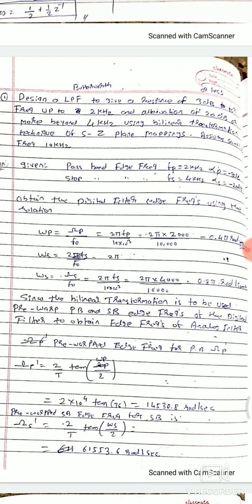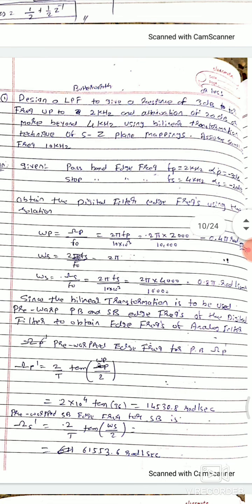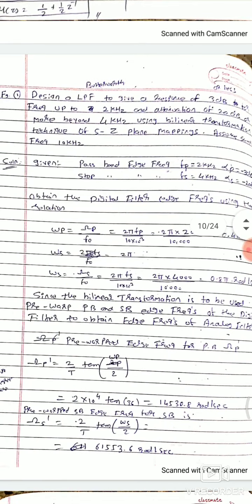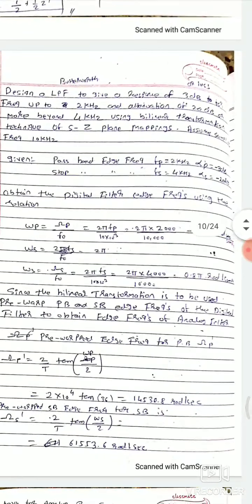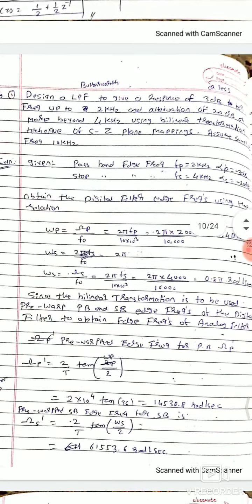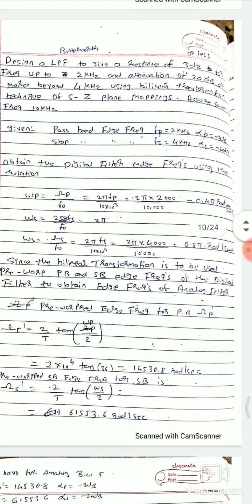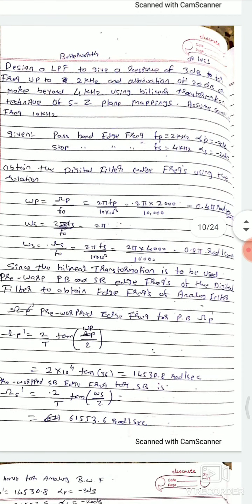Design a low pass Butterworth filter to give a response of 3 dB or less for frequencies up to 2 kHz, and attenuation of 20 dB or more beyond 4 kHz, using bilinear transformation S to Z mapping. So they have asked to design a digital filter using the bilinear transformation method. The design data is there: 2 kHz is fp, minus 3 dB is alpha p, fs is 4 kHz, and alpha s is this.